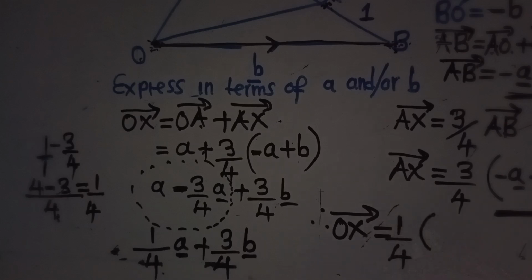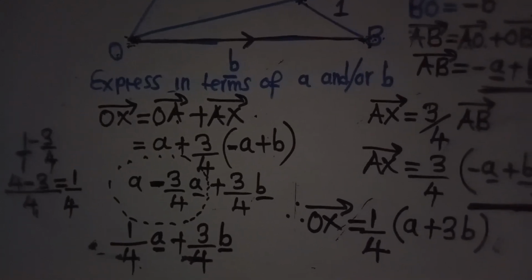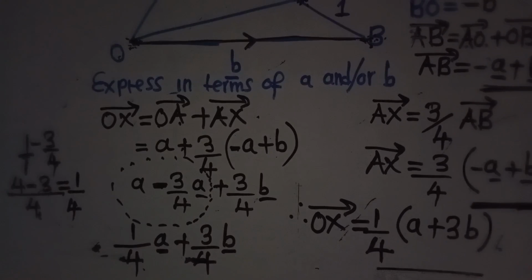Then I just say, okay, I'm going to have here, when I remove 1 over 4, you just write what is on top, since the 4 which is down has been removed. So you just write what is on top. That is A plus 3B, like this. So meaning that this is your answer. These are ways or methods that we get to use for us to work out this.